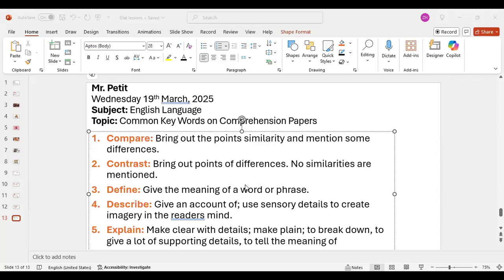Let me put it inside the chat, and then y'all could maybe look it up. If I said explain that sentence, what does that mean? How could you explain that?